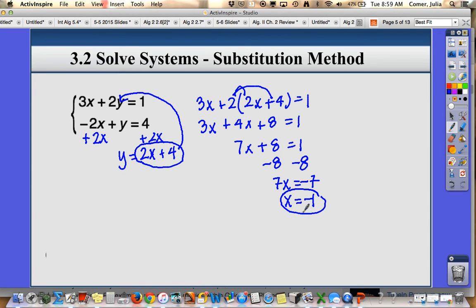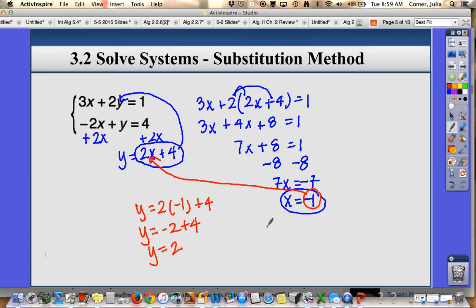Okay, now I can go ahead and solve for y, and I'm going to plug that negative 1 back in to my y equals equation to make it easy for myself, in for the x. So I'm going to have y equals 2 times negative 1 plus 4. So y equals negative 2 plus 4, and y equals positive 2.